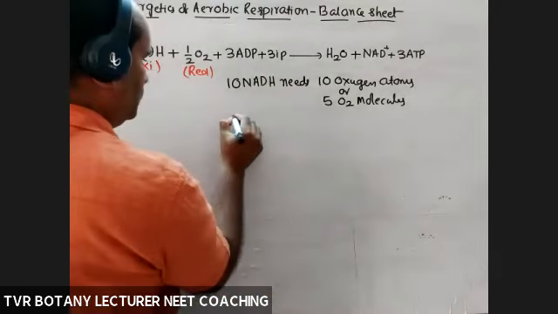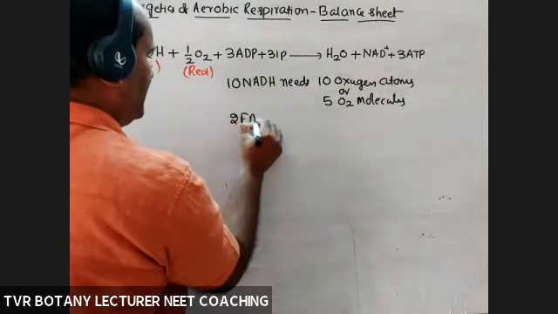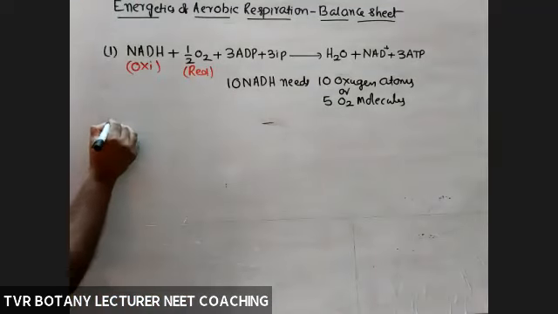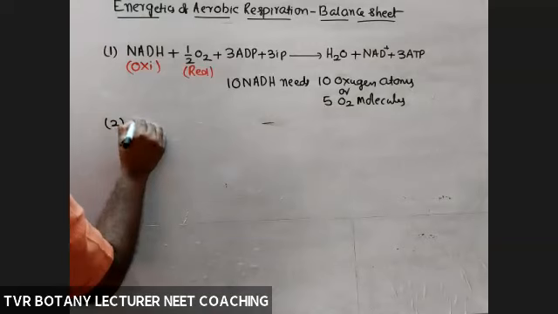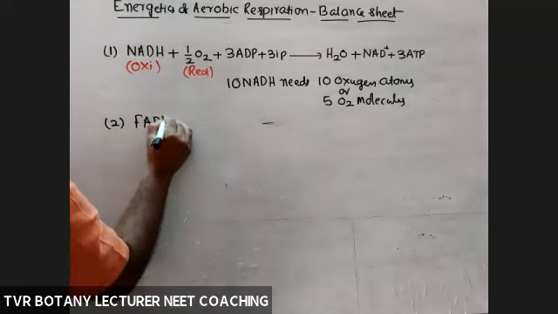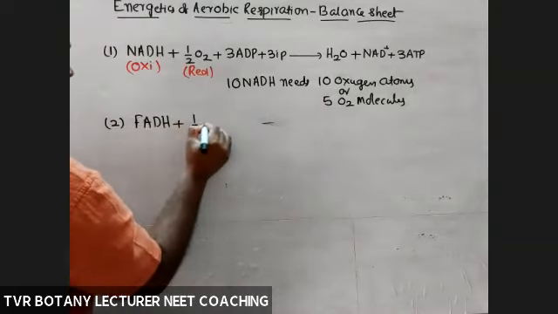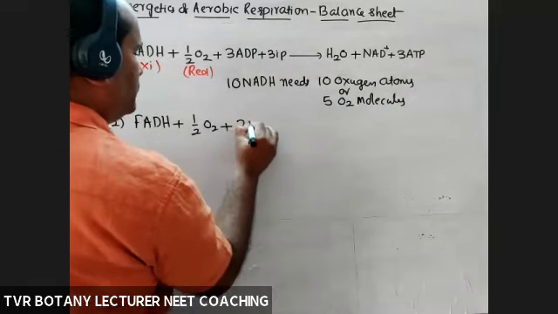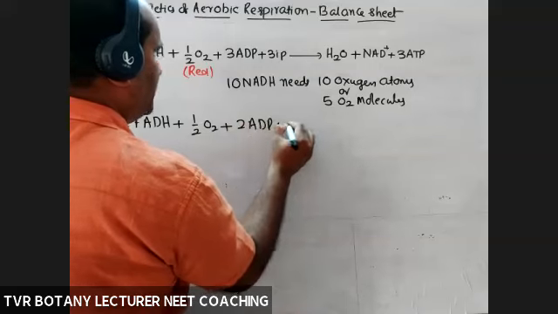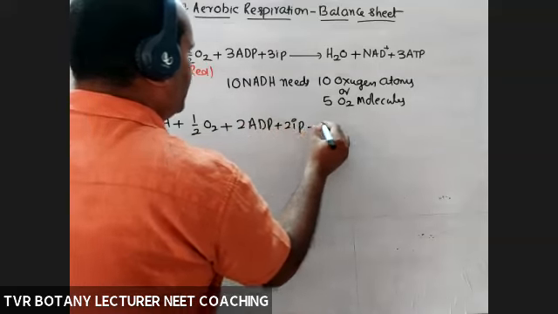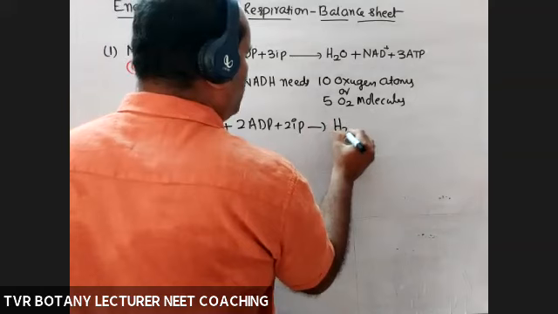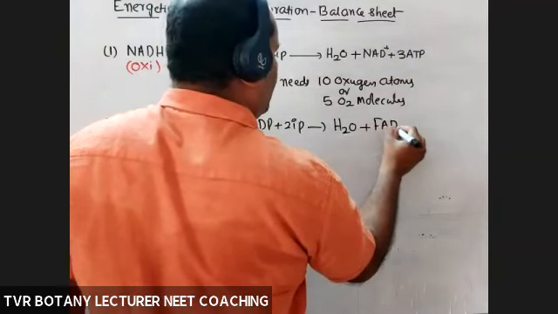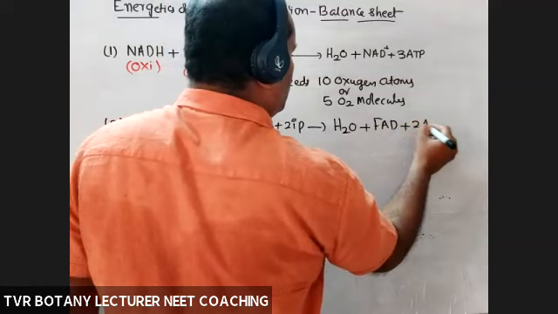Okay, next, 2 FADH. Here I'm taking 1 molecule of FADH plus half O2 plus 2 molecules of ADP plus 2 molecules of inorganic phosphate gives rise to 1 molecule of H2O plus 1 molecule of FAD plus 2 molecules of ATP.